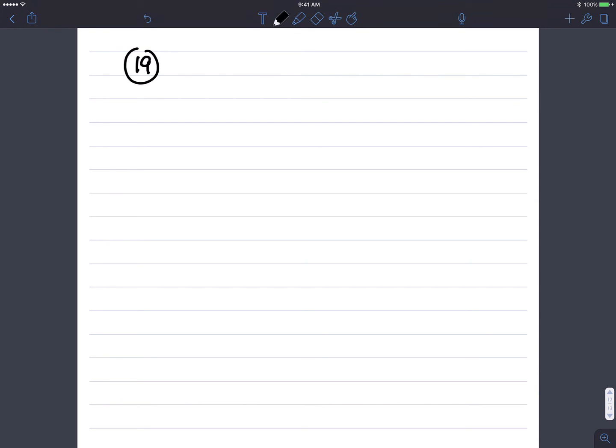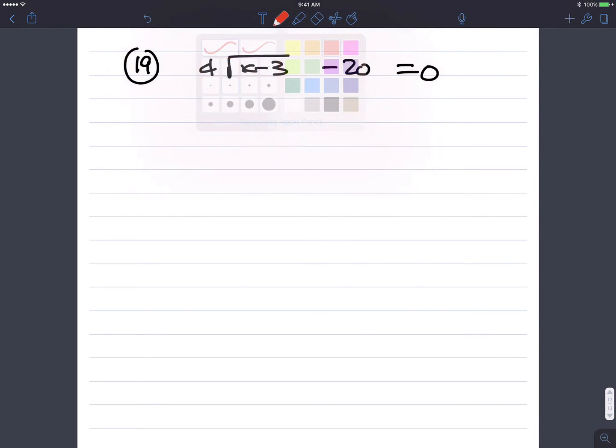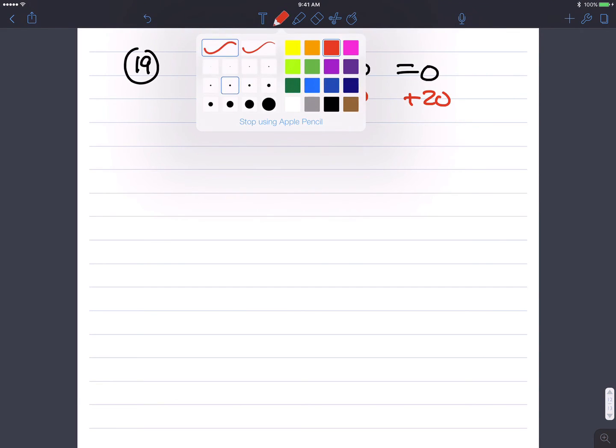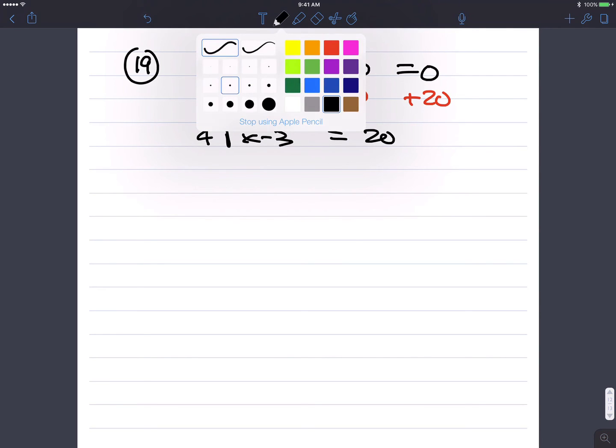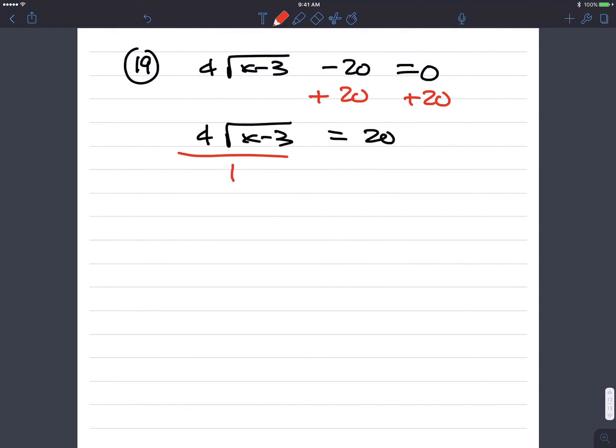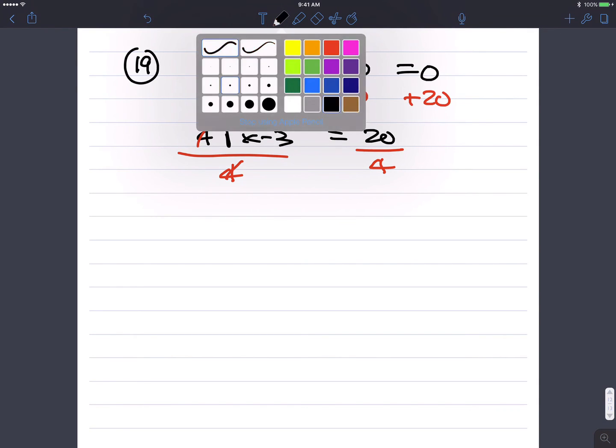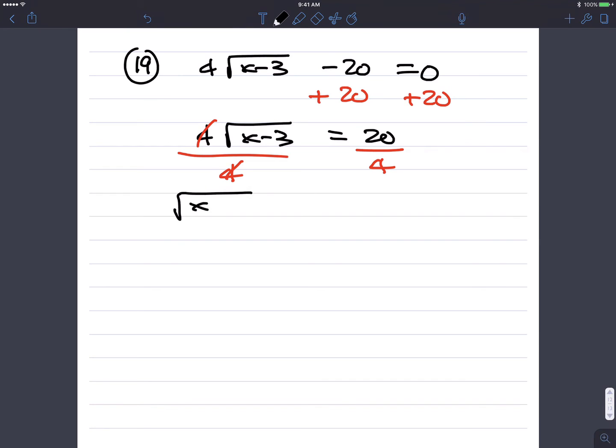Number 19 is 4 times the square root of x minus 3, minus 20, is 0. We're going to add 20 to both sides. We end up with 4 square root x minus 3 is 20. You divide both sides by 4. Square root x minus 3 is 5.